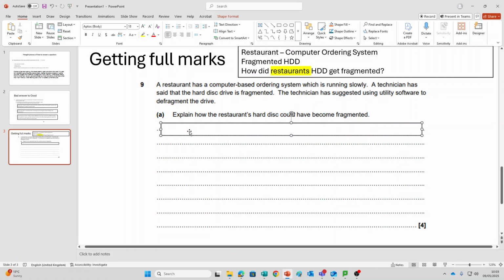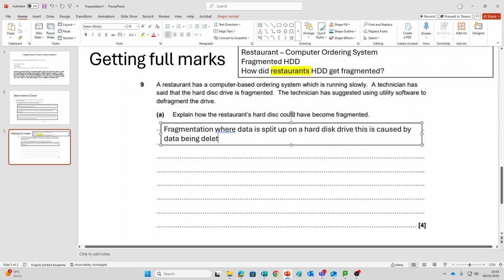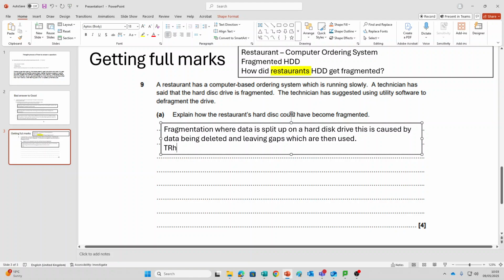So what is fragmentation? Fragmentation is where data is split up on a hard disk drive. This is caused by data being deleted and leaving gaps, which are then used. Right, but I haven't said how that's in a restaurant, or this restaurant.